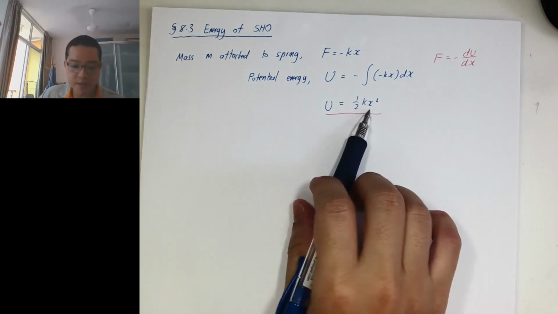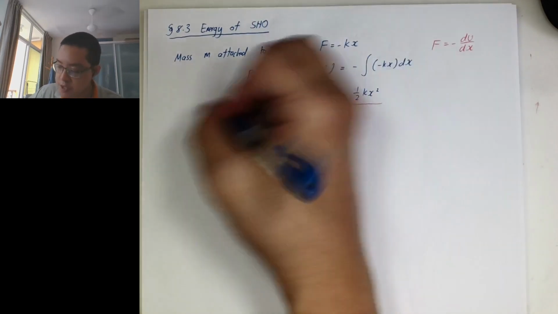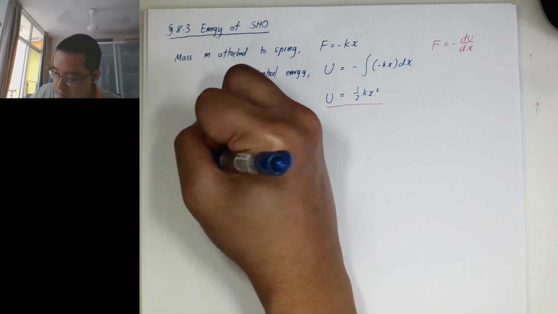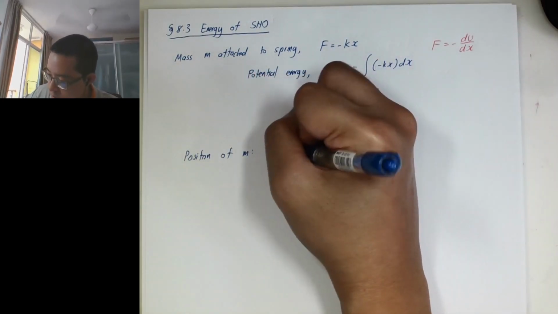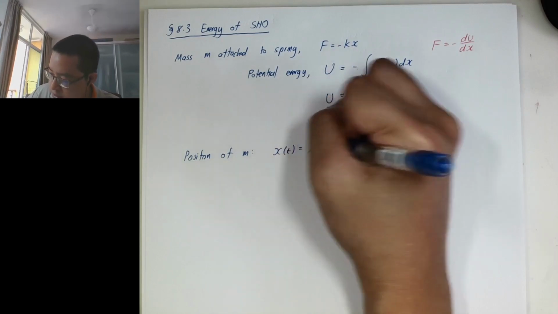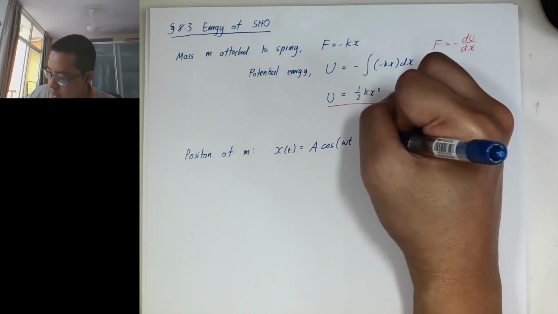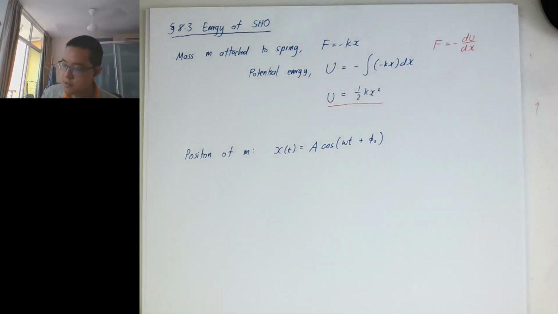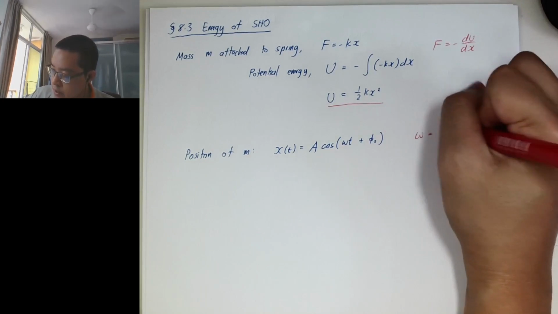This is the x position, and just now I have shown you the solution, which is the cosine function. So the position of m is this formula again, right? So it's a cos(omega t plus phi 0). Okay, so if you remember, omega was the square root of k over m.